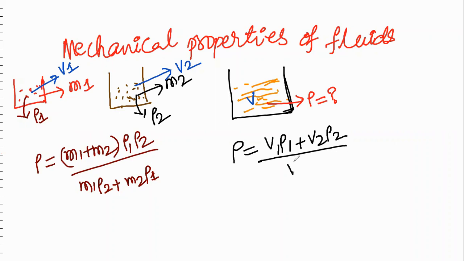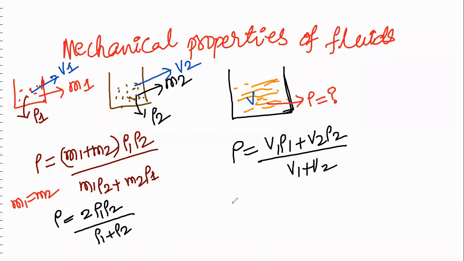Here, if the masses are the same, M1 is equal to M2, then rho is equal to rho 1 rho 2 divided by (rho 1 plus rho 2).